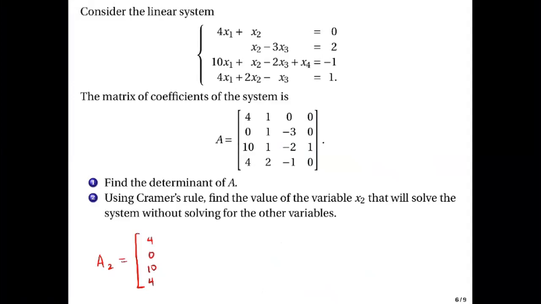Then the second column is replaced by 0, 2, negative 1, 1. Then we have 0, negative 3, negative 2, negative 1, and then 0, 0, 1, 0.